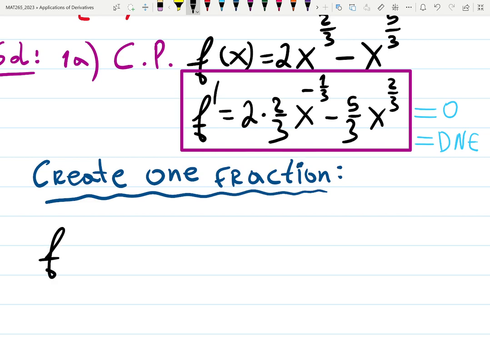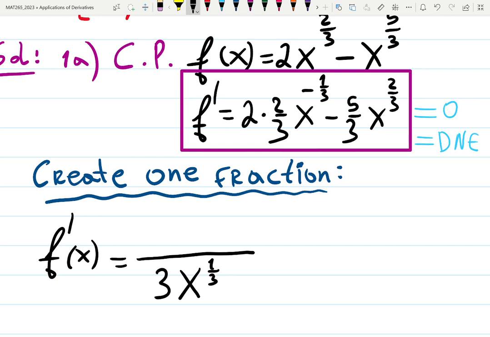So the derivative will have a common denominator. I see x to the minus 1/3. That's the one that's going to go down to the denominator. Then I also see 3 in the denominator, so let me put 3 here. Then on the left-hand side, 2 and 2 give me 4 minus 5.